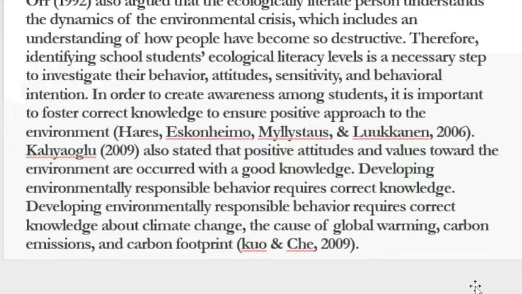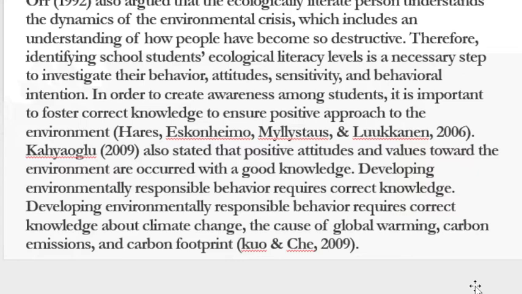In order to create awareness among students, it is important to foster correct knowledge to ensure a positive approach to the environment. So knowledge is also still important here. Also, Harris, Eschenheimer, and others stated that positive attitudes and values toward the environment occur with good knowledge. Okay.